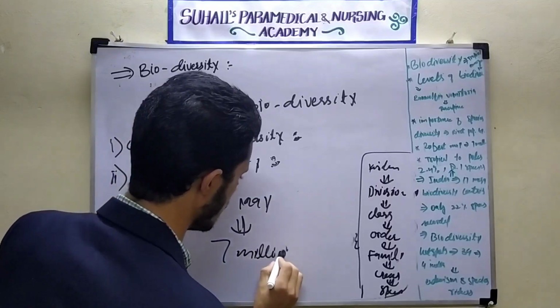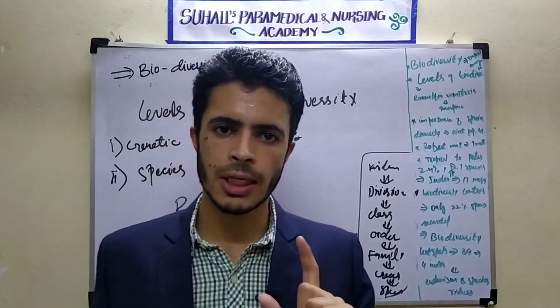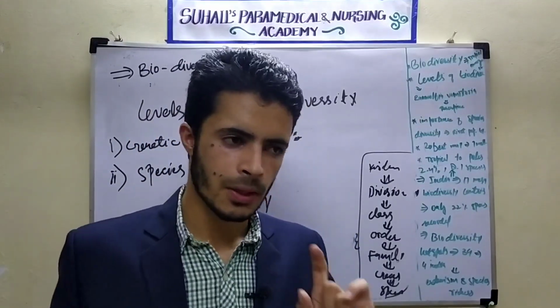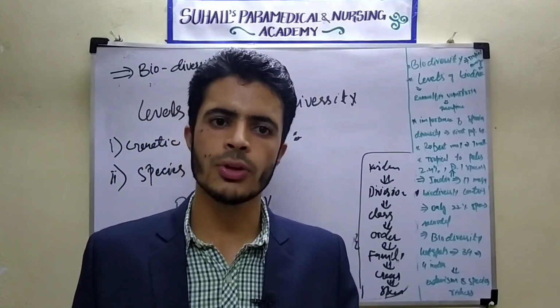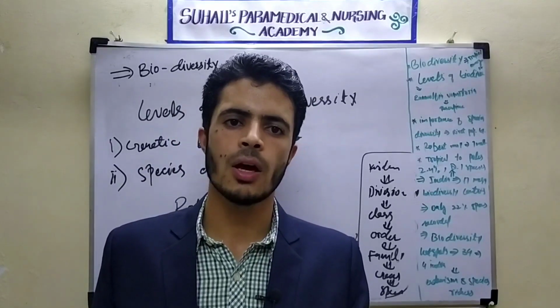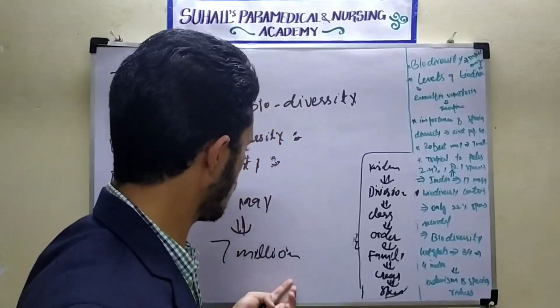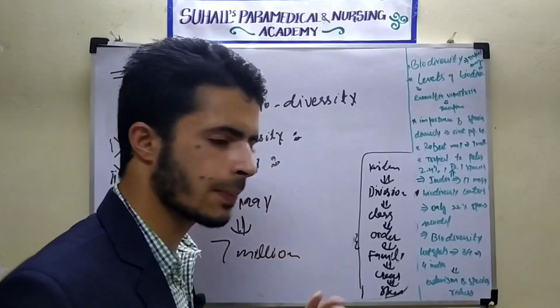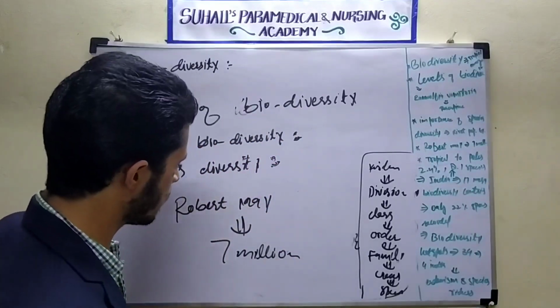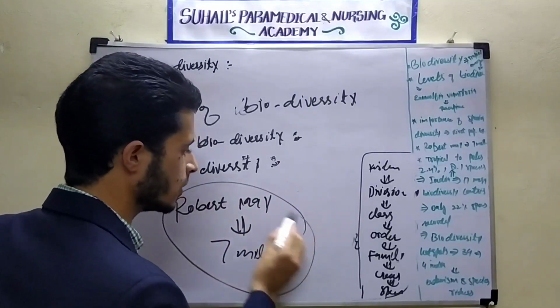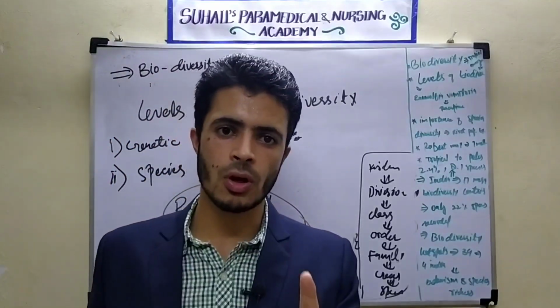Robert May was a scientist. He made a calculation. This calculation is not the correct calculation, but it is considered logical and acceptable. So Robert May told that there are 7 million species on the Earth.